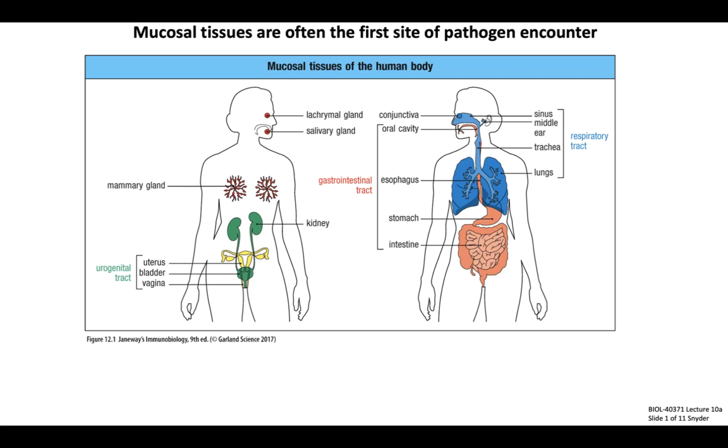Therefore, the body needs to concentrate specialized types of immune responses at these sites in order to prevent infection and preserve tissue integrity. Today, we will particularly focus on mucosal immunity in the gastrointestinal tract, but please keep in mind that a lot of these features are shared at other mucosal sites as well.